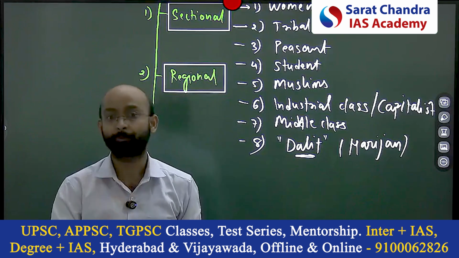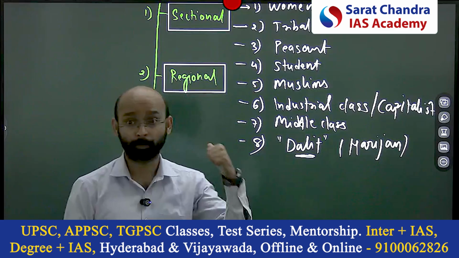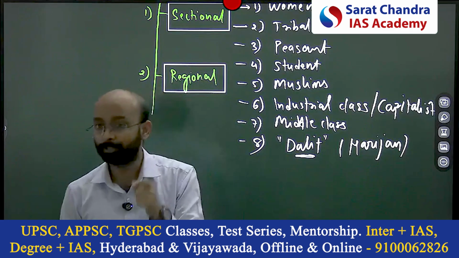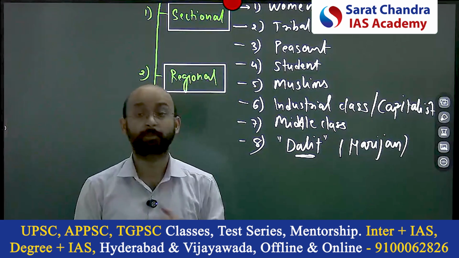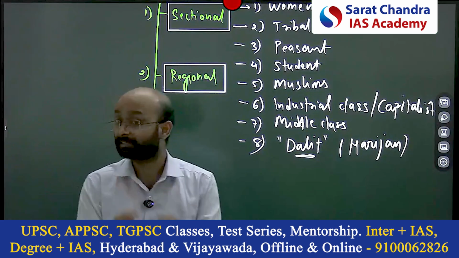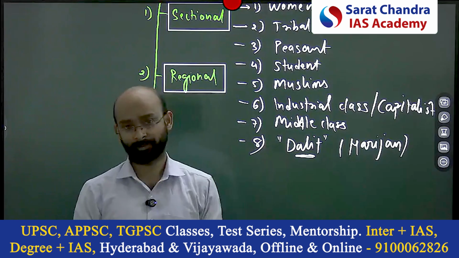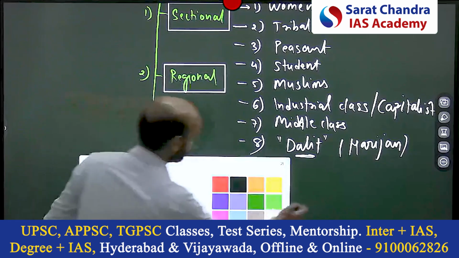That will help you write a broader answer. This is a very important aspect, because we are talking about a freedom movement which is inclusive, not about a few classes but the whole society. You can expect questions on that, and we should be prepared for it. That's it. Any other thing?